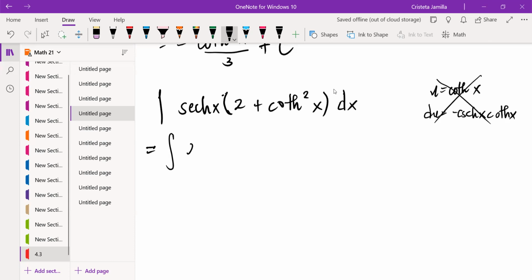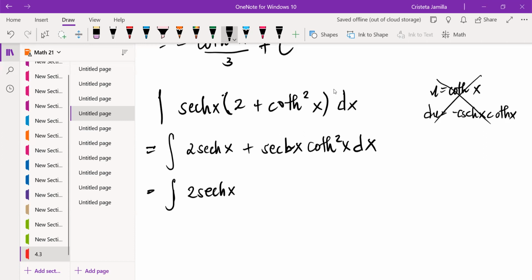So we have 2 hyperbolic secant x plus hyperbolic secant x times cotangent squared x dx. Then we can separate the two integrals. So we have the integral of 2 hyperbolic secant of x dx plus the integral of hyperbolic secant of x hyperbolic cotangent of x squared dx.